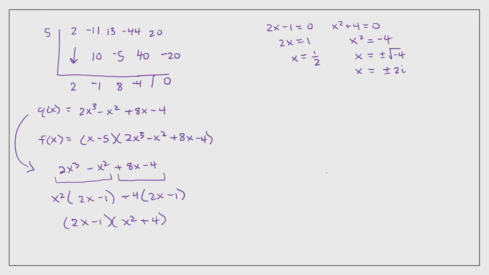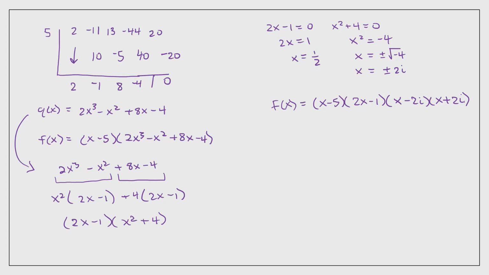Okay? So now we have f of x in a complete factored form of x minus 5 times 2x minus 1 times x minus 2i times x plus 2i.